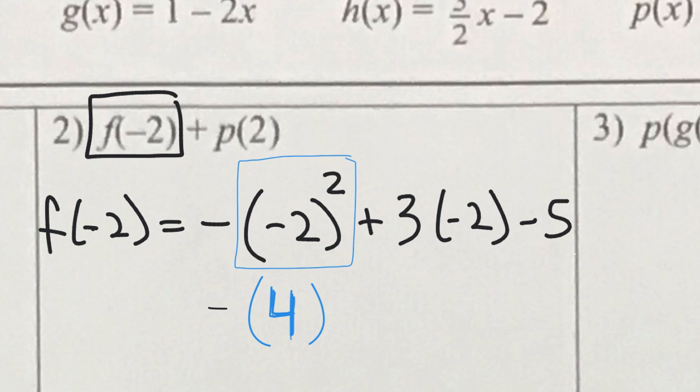Okay, that's still there. That's not gone yet. +3 times -2 is -6, and then -5 is still there. So now I combine all these. -4 minus 6 minus 5 is -15. Okay, so that's f of -2.